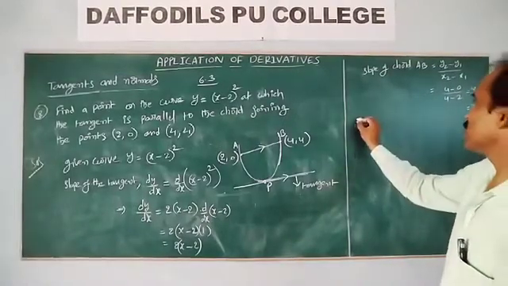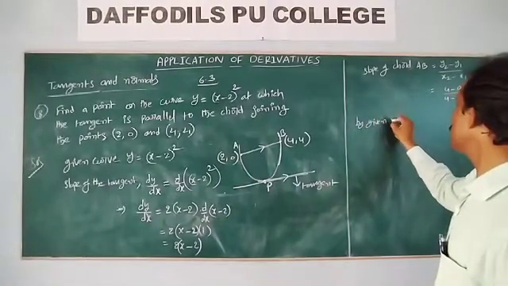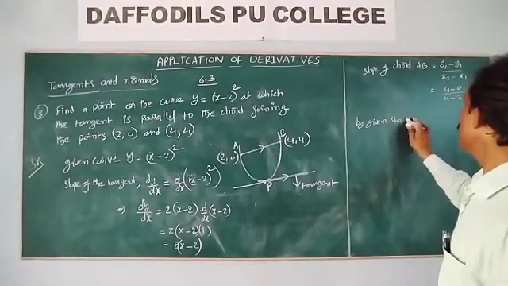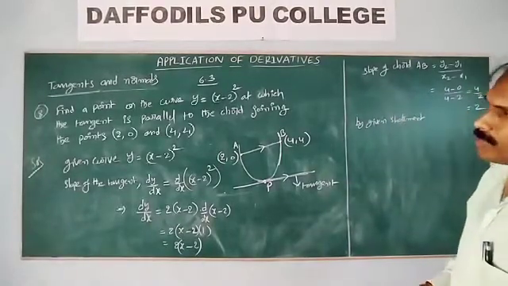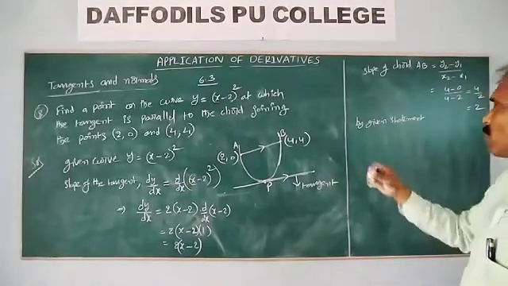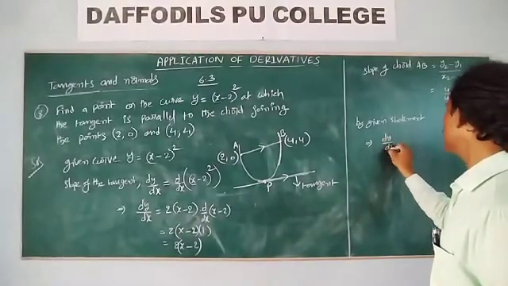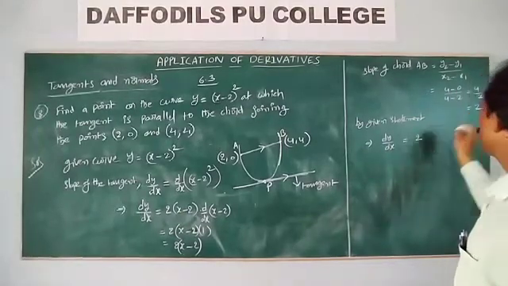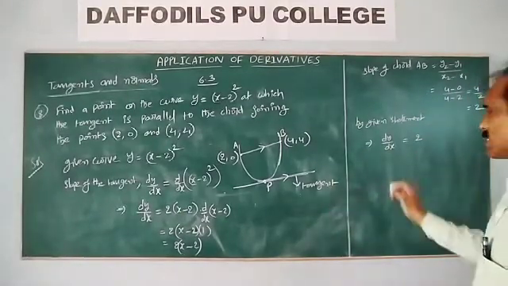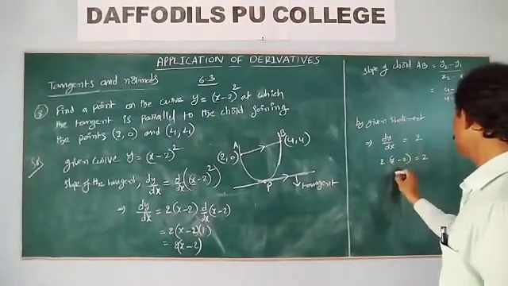By the given condition, what is the given statement? The tangent is parallel to the chord. That implies dy by dx is equal to the slope of the chord, 2. Therefore 2 times (x minus 2) is equal to 2.